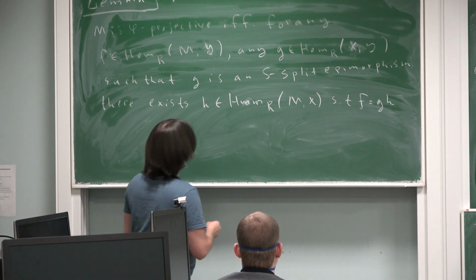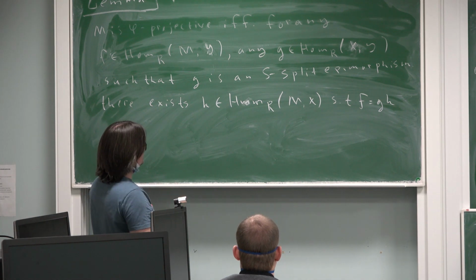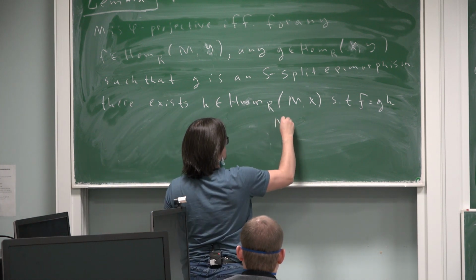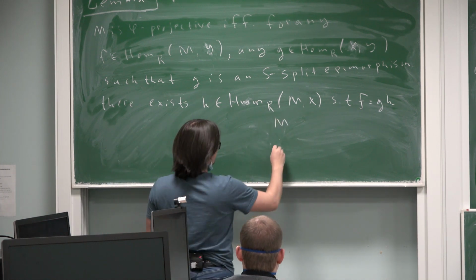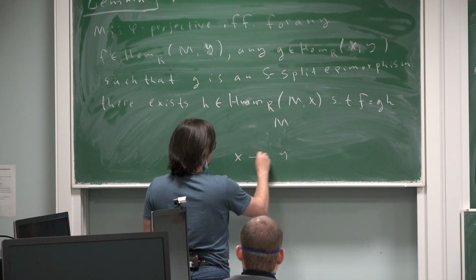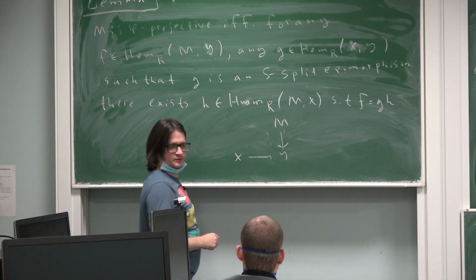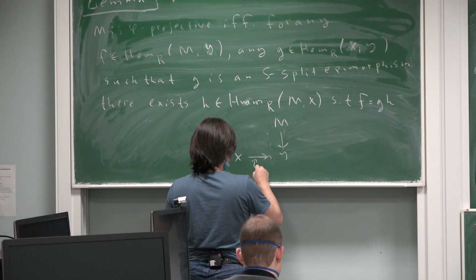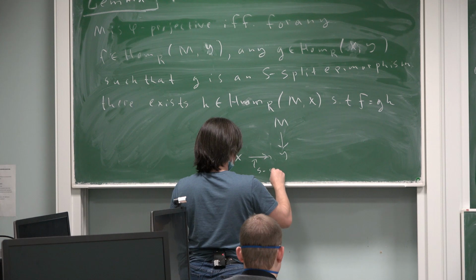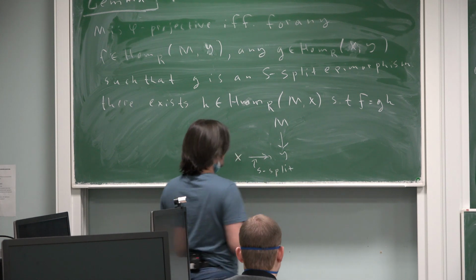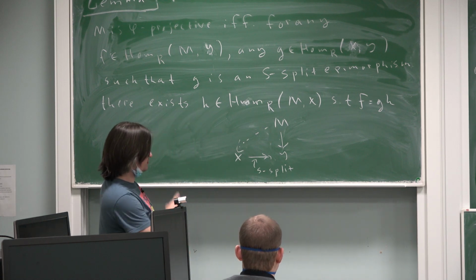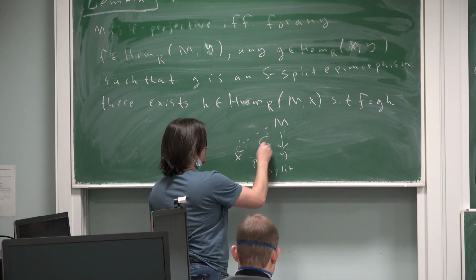So the picture is the following. As for projective modules, you have M, you have Y, X. Here you have two homomorphisms over R, and this guy is an epimorphism, and it is S-split. Then there exists a homomorphism over R here, such that this diagram commutes.